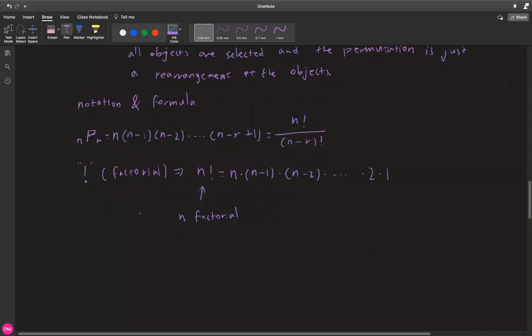So here's a note for all of you: that NPR is a function available on scientific calculators.